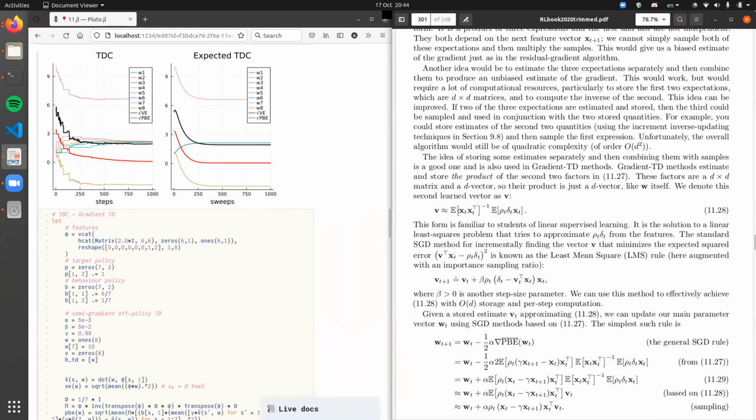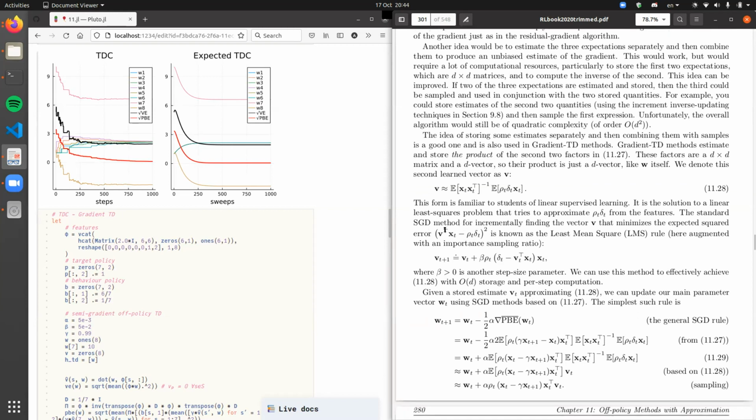We have a squared error here, and we can update it. We just introduce the importance sampling ratio here, and we need to find the v that minimizes this error, and that would be it.